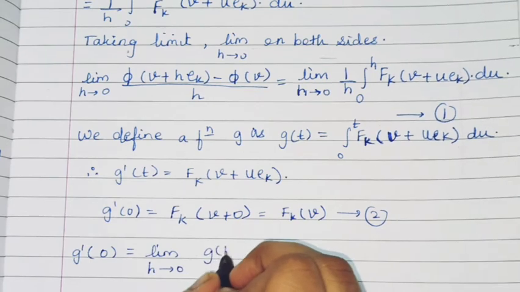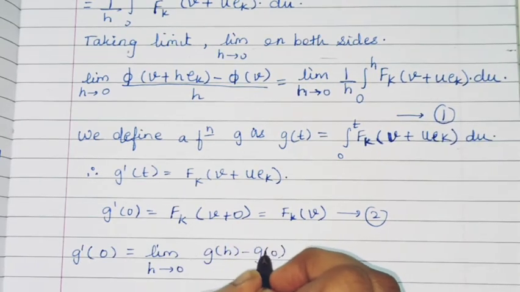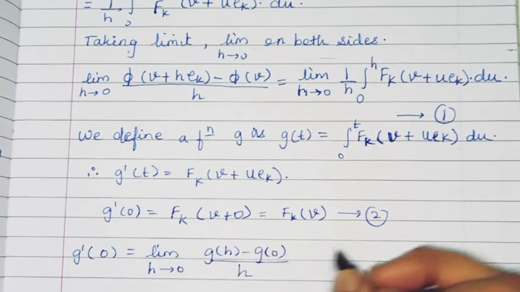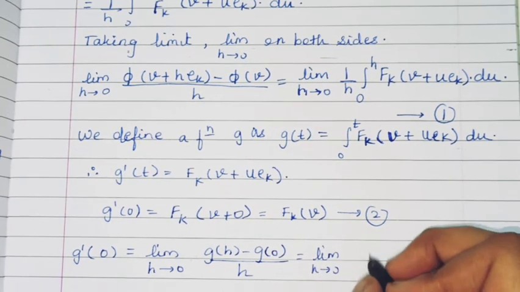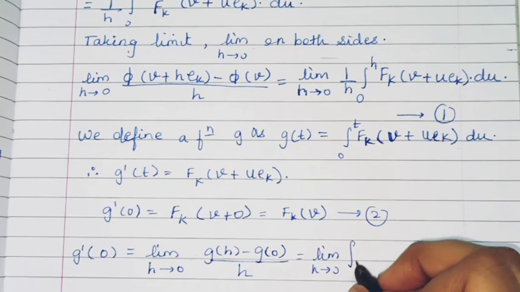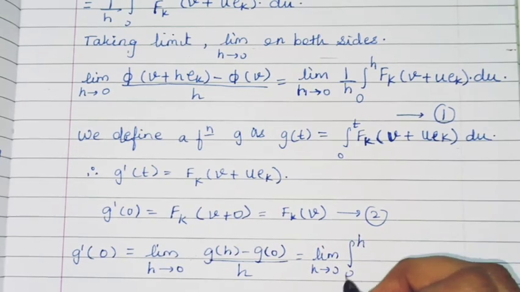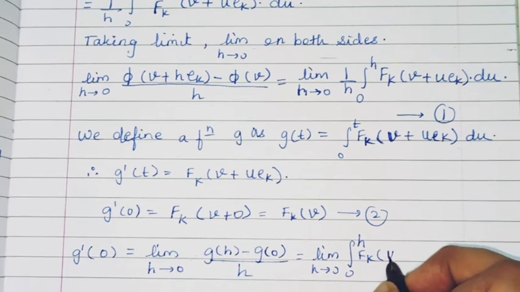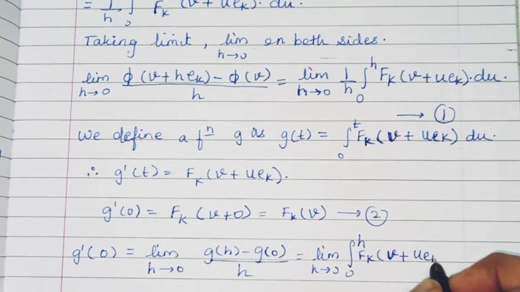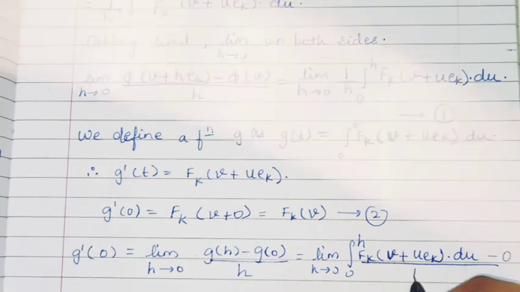Now g dash of 0 is equal to limit h tends to 0, g of h minus g of 0 upon h, by the definition of differentiation. That is equal to limit h tends to 0, integration of 0 to h fk v plus u ek du minus 0, upon h.